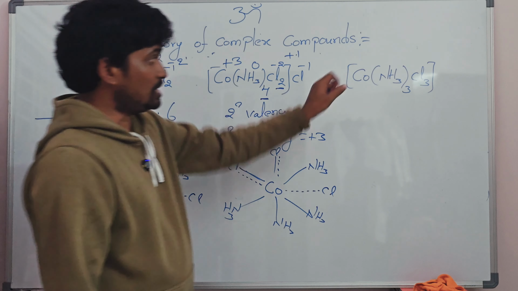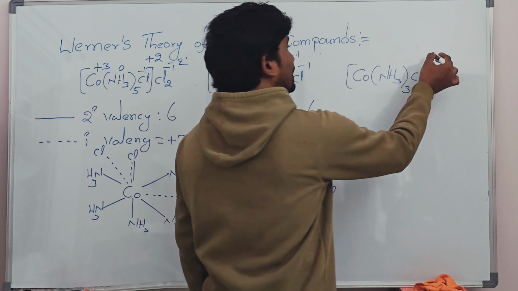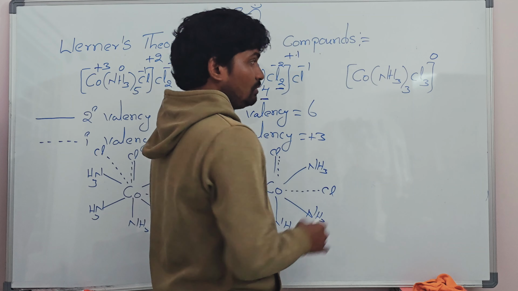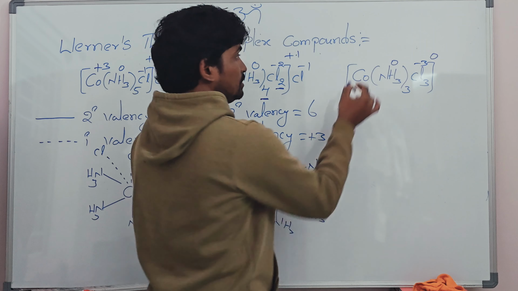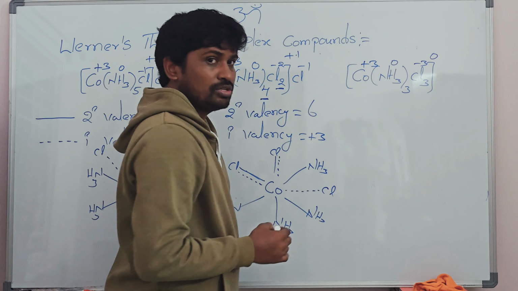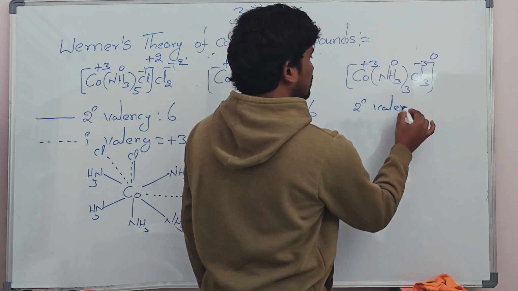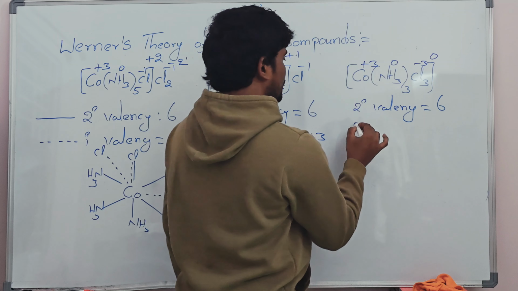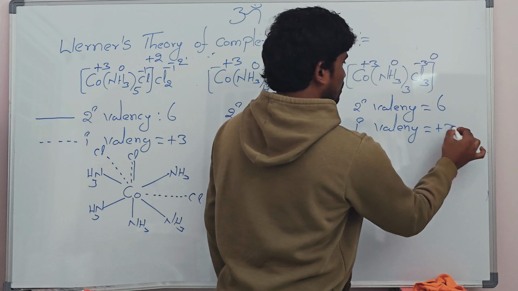Next, observe here that outside nothing is there, so the complex charge is 0. Here 0, this is -3, this is +3. So the secondary valency is 6 and the primary valency is +3.